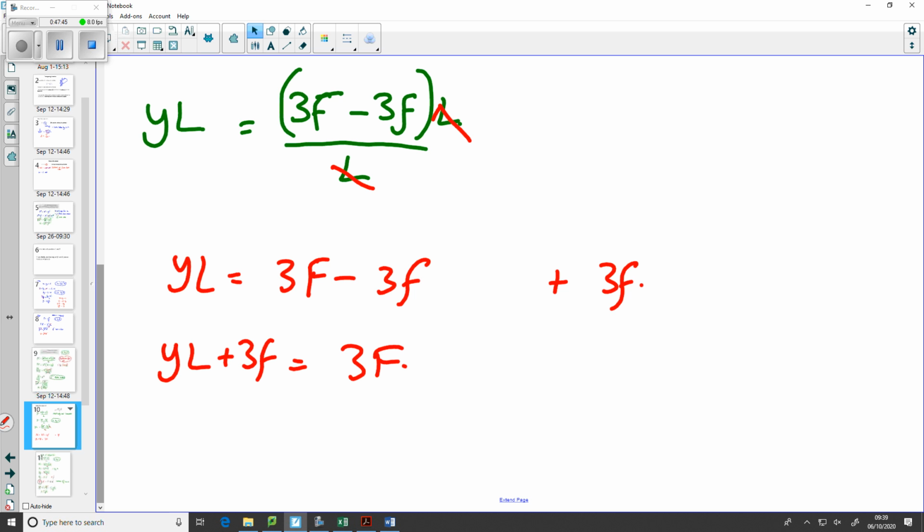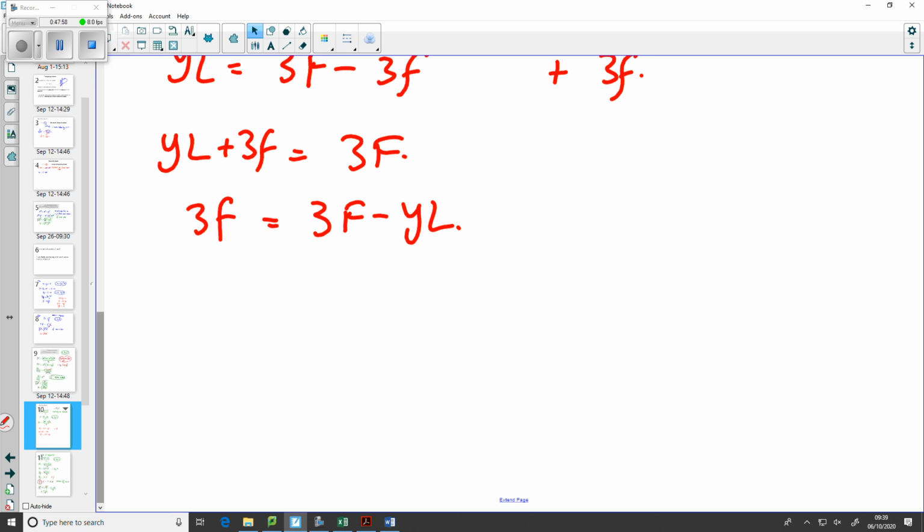And then you're going to have to subtract YL from both sides, so you end up with 3f is equal to 3f minus YL, and then we've got to divide by 3.